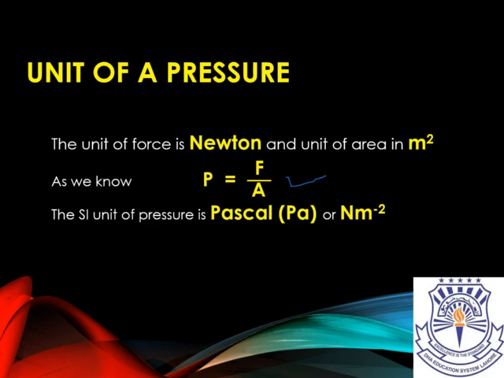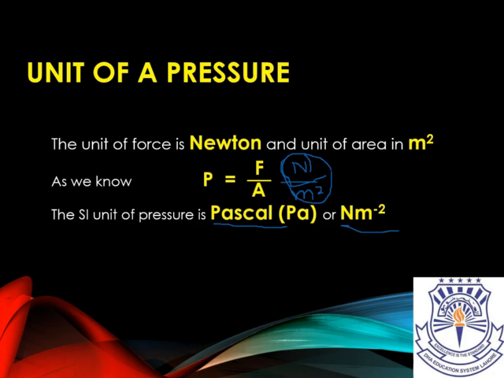Now the unit will also be equal to force over area. The unit of force is Newton and the unit of area is meter square. So what will be the unit of pressure? Newton per meter square. The unit of pressure is Pascal, or Newton per meter square. Why is it Pascal?